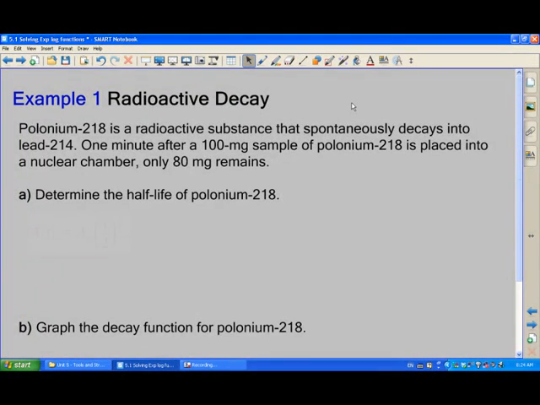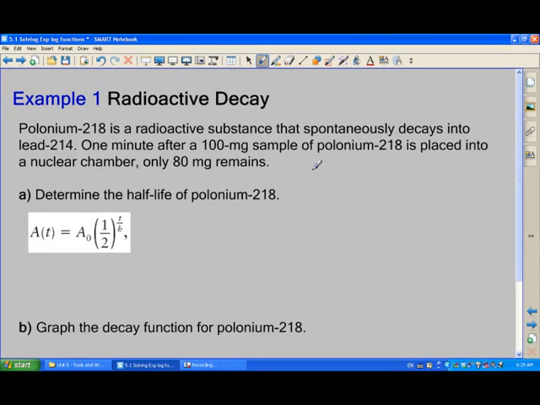So in example 1, we have a radioactive substance that is decaying, and we observe that when we place a 100 milligram sample into a chamber, after 1 minute only 80 milligrams remains. So we'd like to determine the half-life, and we'll do that by using the half-life formula.